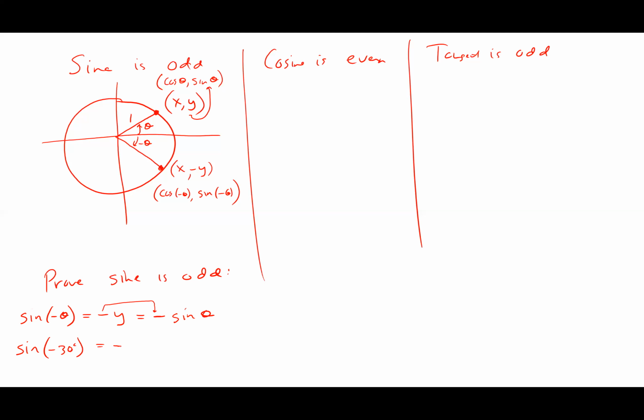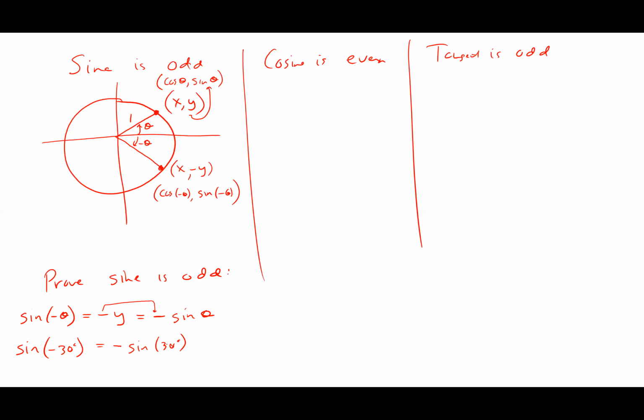What'd you guys get? Negative 0.5 maybe? Yeah. Cool, okay. And then isn't this also going to produce the same exact thing? Negative sine 30, just a positive 30 degrees this time. So negative on the outside, but we leave the sine value the same. Same thing, okay, cool.